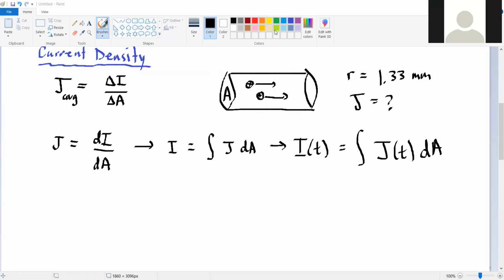A quick question. Is the current the one we calculated in the last problem?